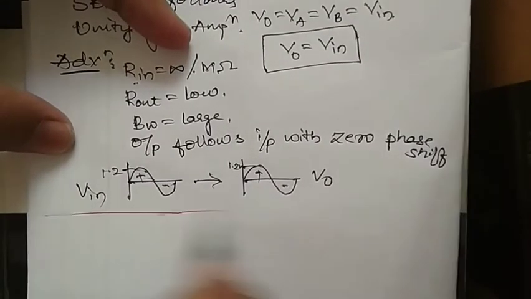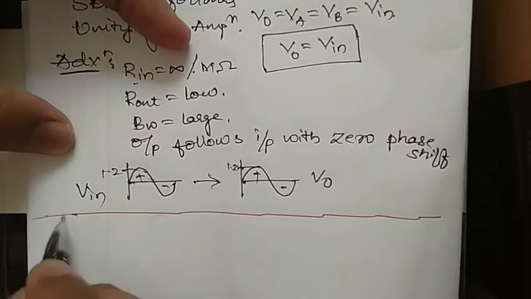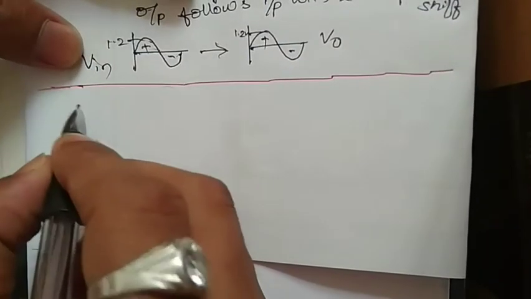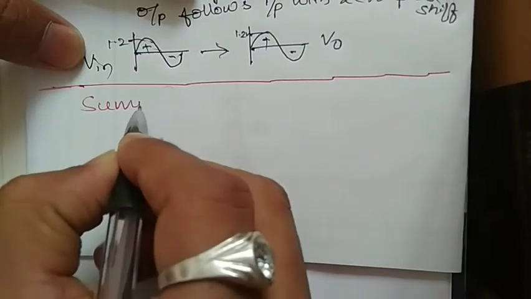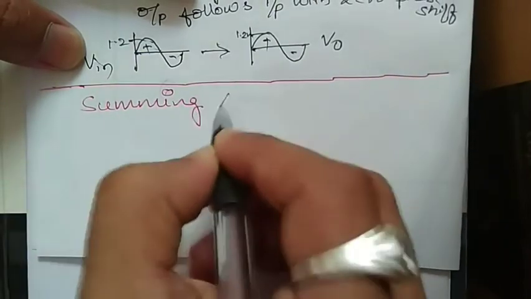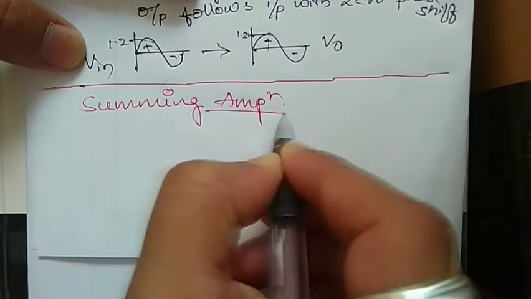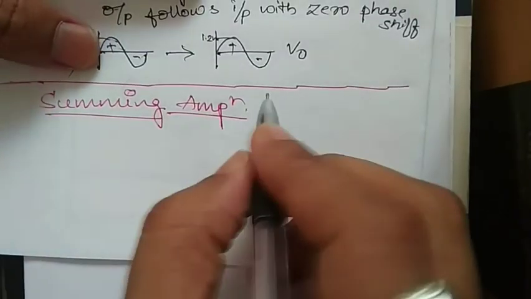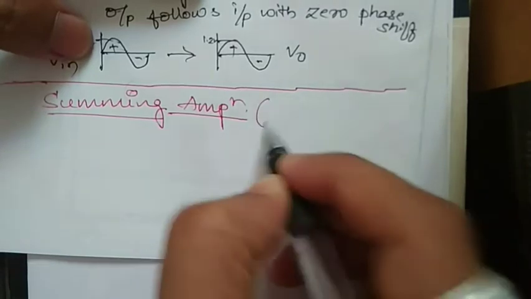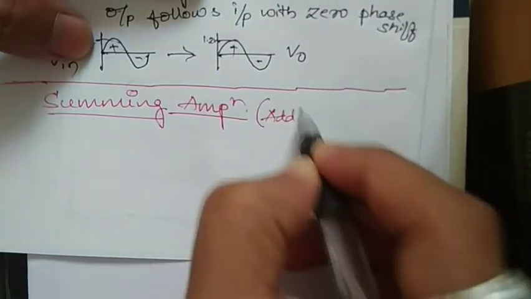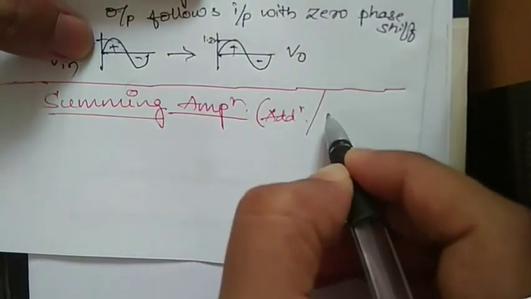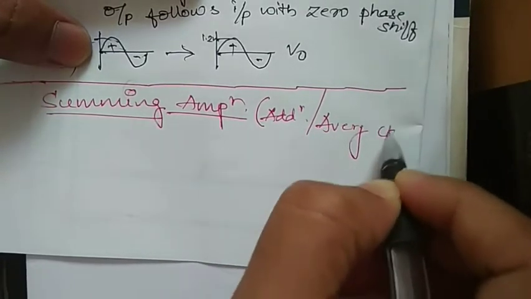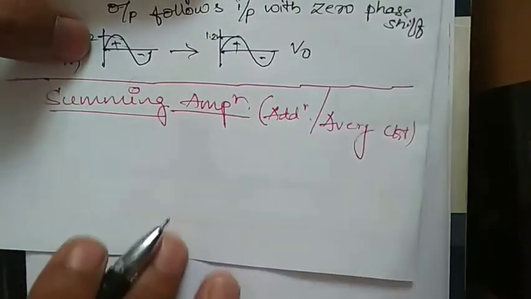And next, there are two other circuits. One is the summing amplifier. What exactly is this summing amplifier? It is also considered an adder circuit, or there are many names, and they also define it as an averaging circuit, and so on. Let me consider one by one.